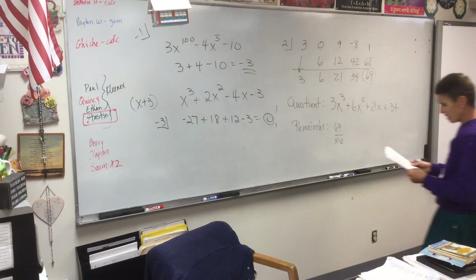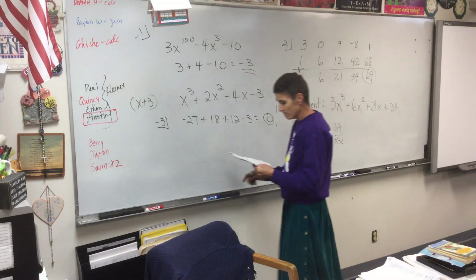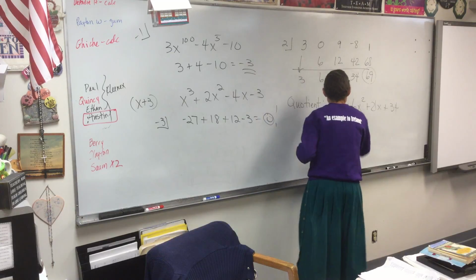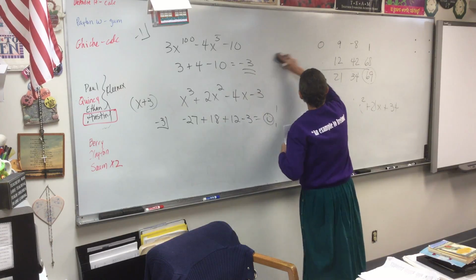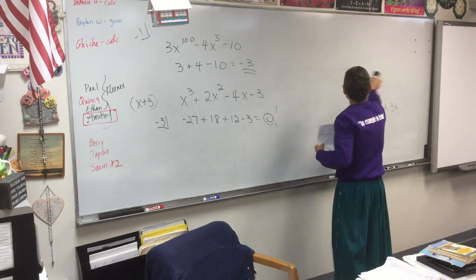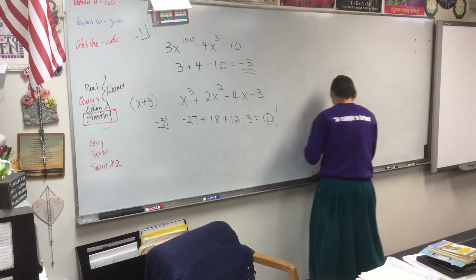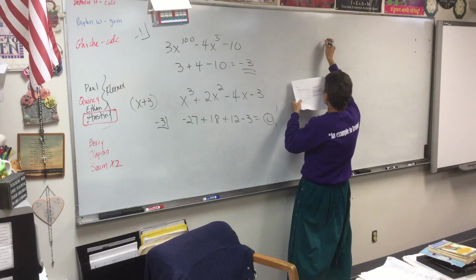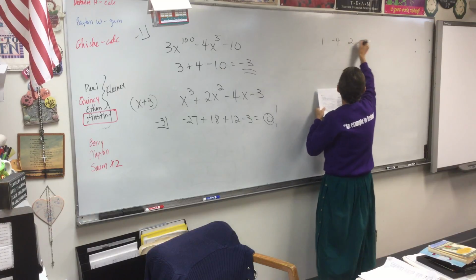Find an upper bound, there are lots of them, for the real zeros of this polynomial. We kind of already talked about this. What are you looking to do? The polynomial is 1, -4, 2, 1.